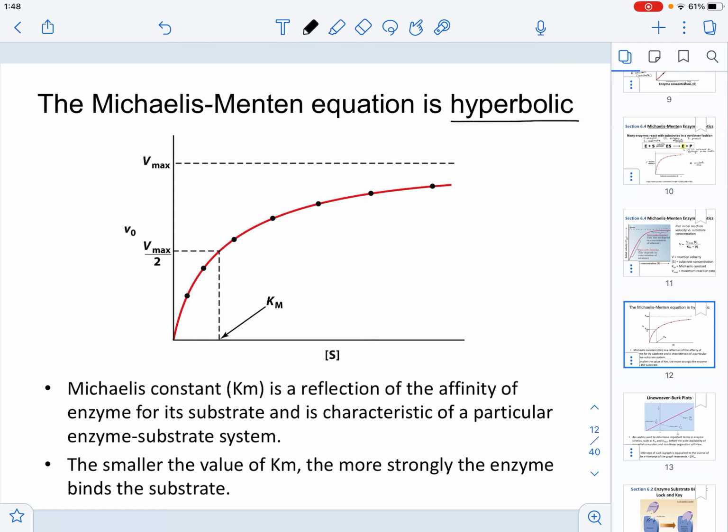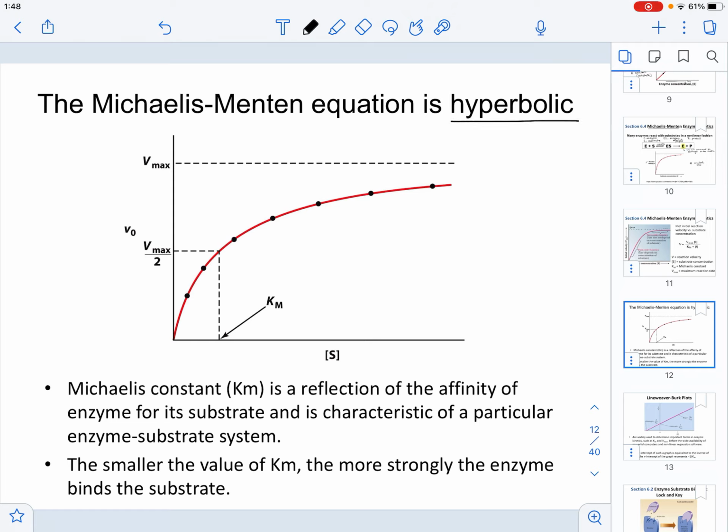Now, understand that when it comes to enzyme catalyzed reactions, this is just a review. Enzyme catalyzed reactions are going to have a substrate and an enzyme. Once they bind together, they make an enzyme substrate complex.